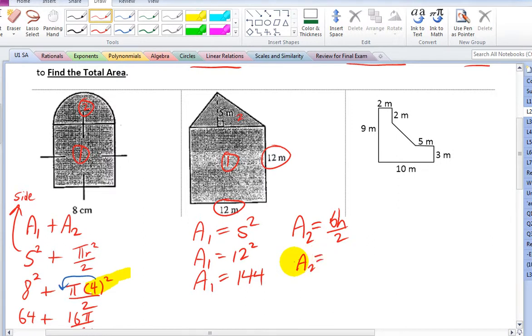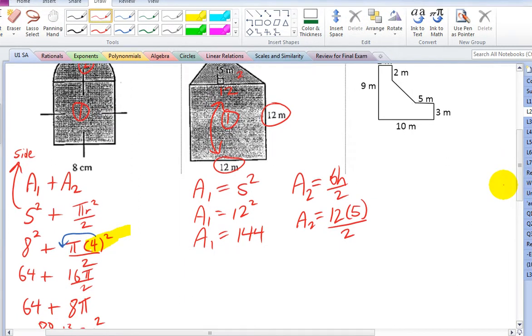What's your base? What's your height? Yeah, base is 12. Sometimes the numbers are written down below, but it's the same up top. So the base is 12, and the height is 5. Then you divide by 2. So we get 60 divided by 2, and I hope you didn't use your calculator, 30.